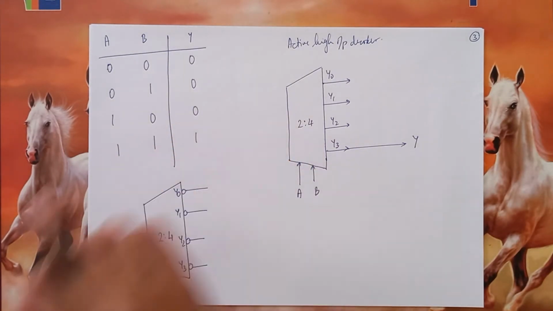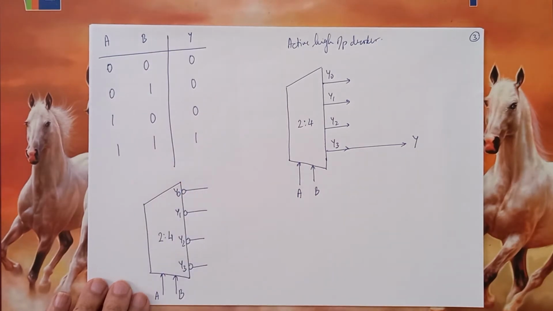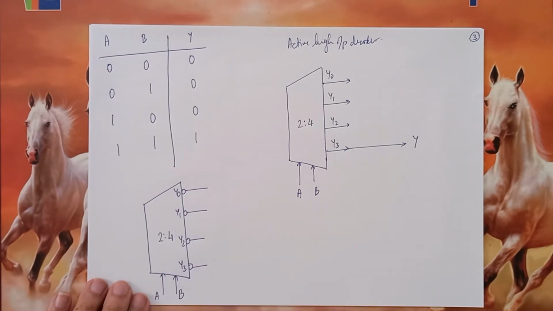Otherwise, in this particular function, you are saying that for A and B, the only possibility where Y equals 1 is when A and B is 1, 1. So therefore, suppose we choose Y3 as our line of interest. Then I can simply use a NOT gate and say that this is Y. Because when A and B are 1, 1, that time Y3 will be 0 and the NOT gate will convert it into 1.